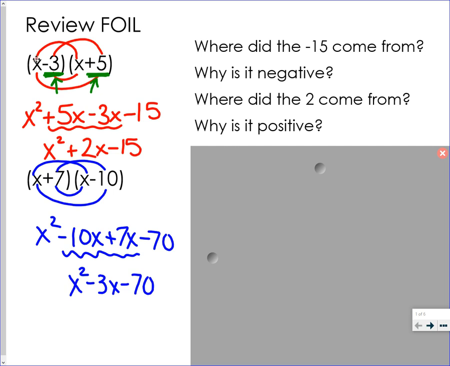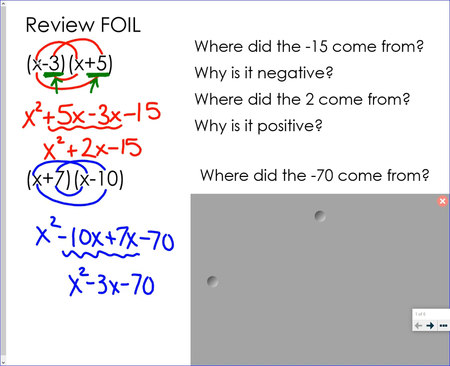So different signs than what I had in the first problem. In this case, the middle term ended up being negative, but in both of them, that last term was negative. So that matched. So the negative 70, that came from 7 times negative 10, right? That was positive 7 times negative 10. That's where this number came from.